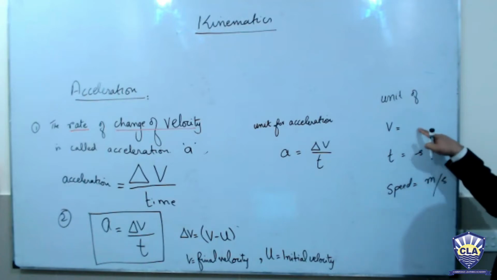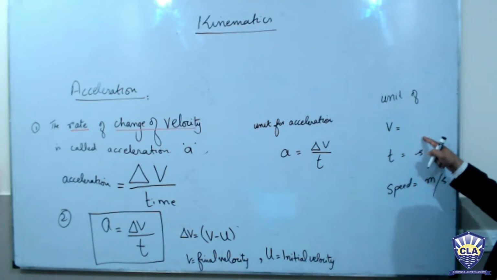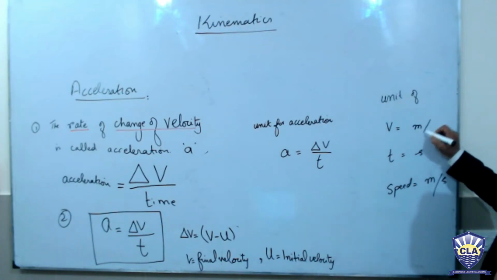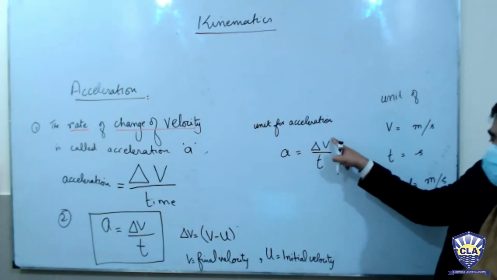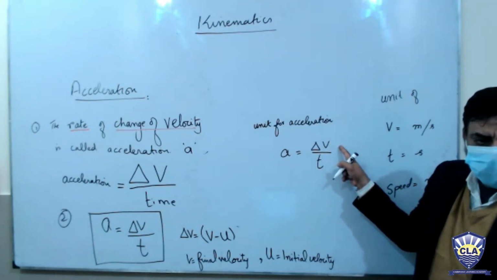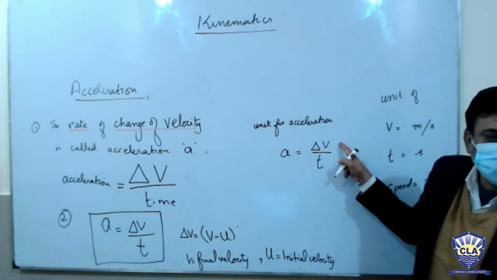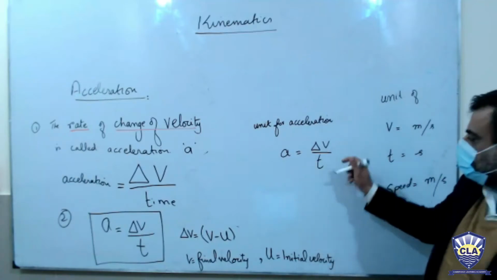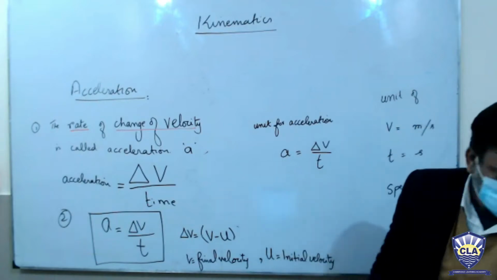Speed and velocity are the same except for the direction. Velocity is with the direction. But the units are the same: meters per second. If my age or your age we measure in years, then the change in age will also be in years. So delta V is change in velocity. Okay? It's important.